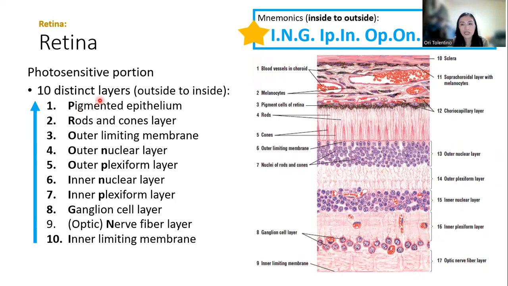The individual letters are I for inner limiting, N for nerve fiber, G for ganglion cell, IP for inner plexiform, IN for inner nuclear, OP for outer plexiform, ON for outer nuclear, O for outer limiting membrane, R for rods and cones layer, and P for pigment epithelium. So ING, IP, IN, OP, ON, ORP. And I read them as ing, ipin, upon, orp. So it sounds weird, okay? You can use this or you cannot use this, okay?